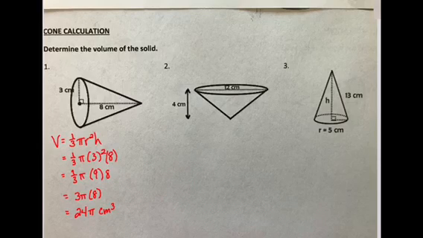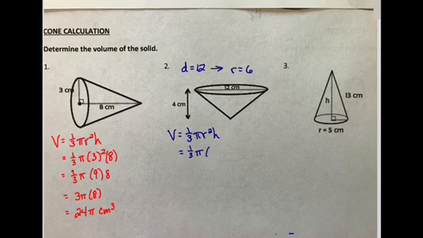For example number 2, I'm still going to use the 1/3 pi r squared h. It's just this time they told us that the diameter was 12. So if I know that the diameter is 12, then that means the radius would have to be 6. So when I plug into my formula, I'll use 6 for the radius and 4 for our height.